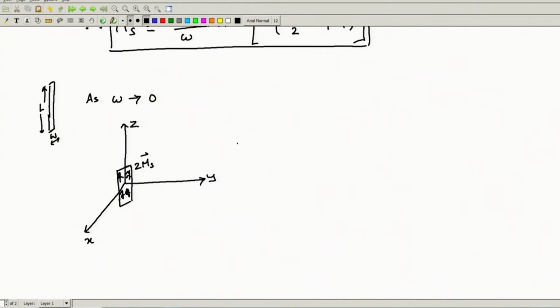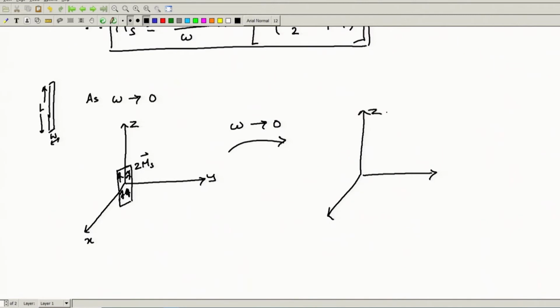Now when W is made very small, the equivalent magnetic current will then behave as a line filament. So now we can draw this problem like this.